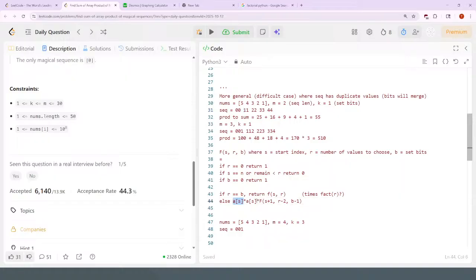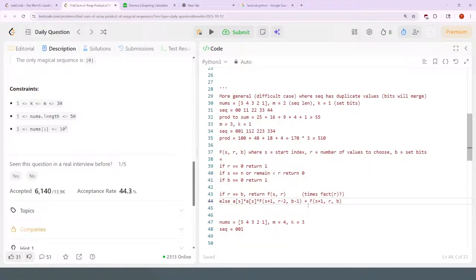Take 0 times 0, and then you move to the next bit. You used up 2 of your things, and you've used up 1 of your set bits. Alternatively, you skip over this thing, so you do f of s plus 1, r minus 1, or rb. So then it should be 0, 0 plus 1, 1 plus 2, 2 plus 3, 3. I think maybe there's a missing factor.